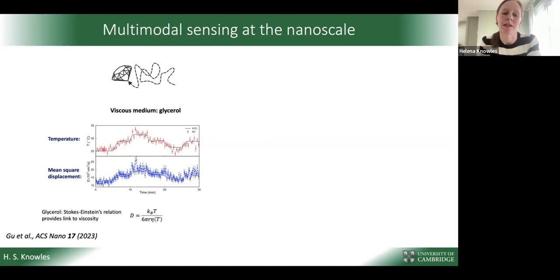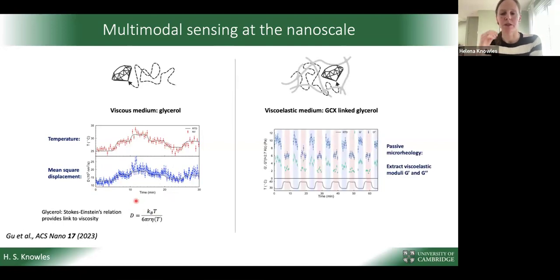So you can see here we step the temperature with our chip, and we measure at the nanometer scale what the NV is reporting on temperature, and we can also look at its mean square displacement. And indeed, it starts moving faster as the temperature increases, and this is exactly what we would expect for the medium of glycerol.